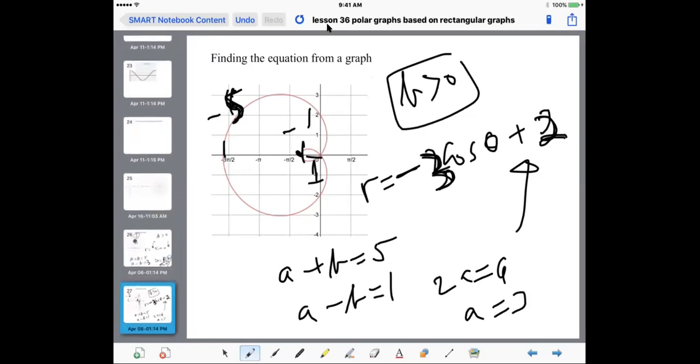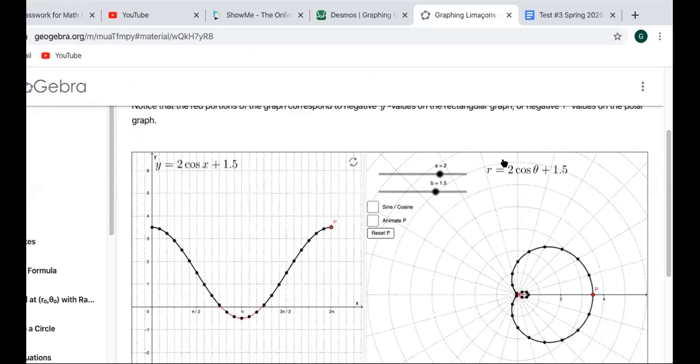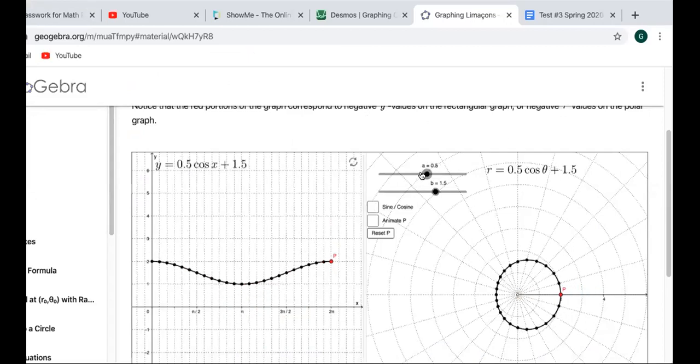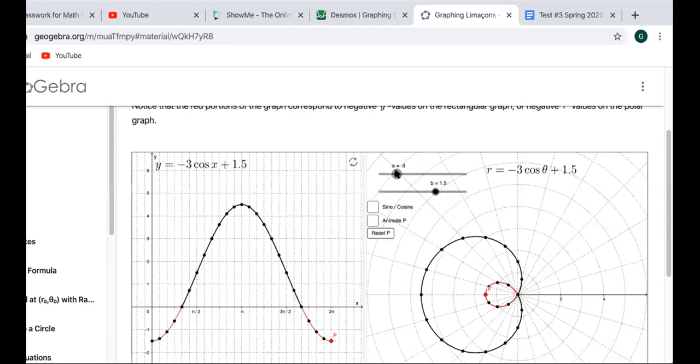I'll go back to the Delta math to convince you of that further. So this is cosine, and I'll make it -3, and +2.